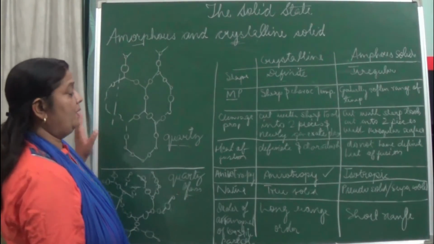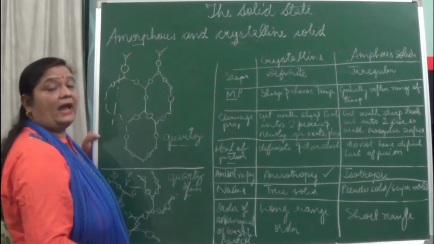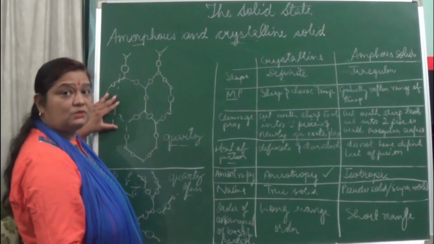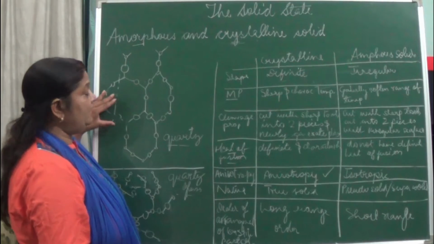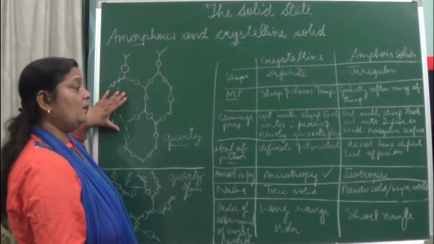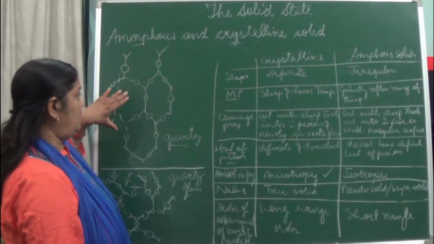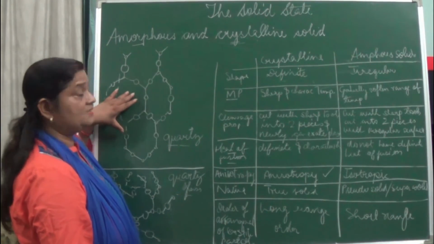Now, heat of fusion. What is heat of fusion? It is the temperature at which the solid starts melting. When we talk about crystalline solid, it has a definite heat of fusion, the temperature is definite, and it is the characteristic of that crystalline solid.